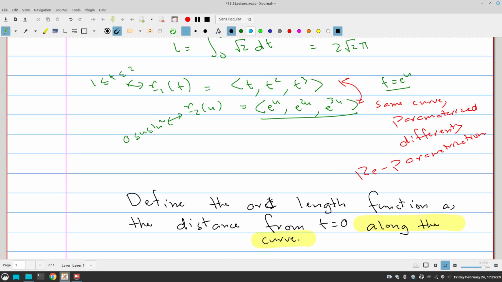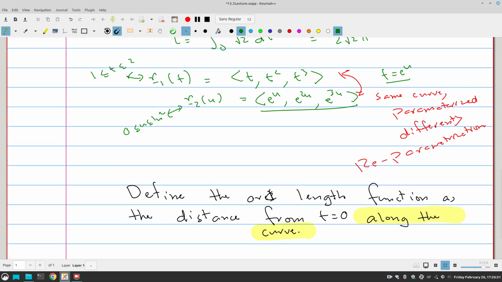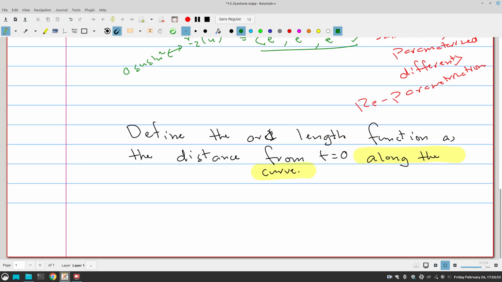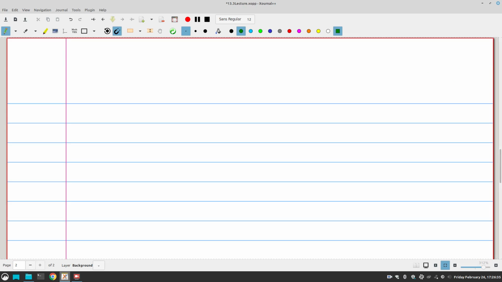This tells me that the arc length function in terms of t, s of t, is given by the integral from 0 to t of the magnitude of r prime u du.